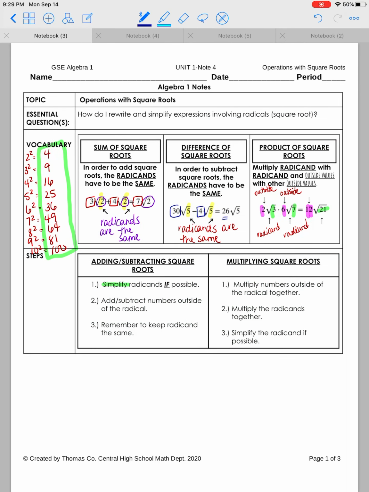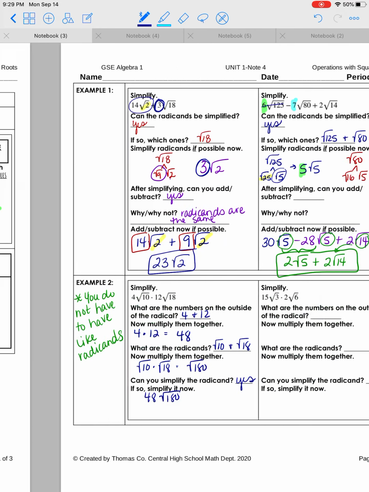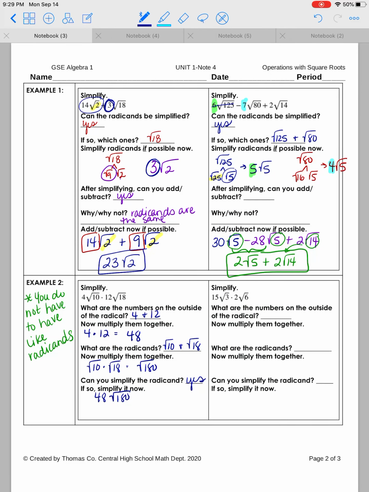So I'm going to come back over here and I'm going to find one of these numbers that will go into 180. I believe 36 will. I think 36 times 5 is 180. So the square root of 36 and the square root of 5.